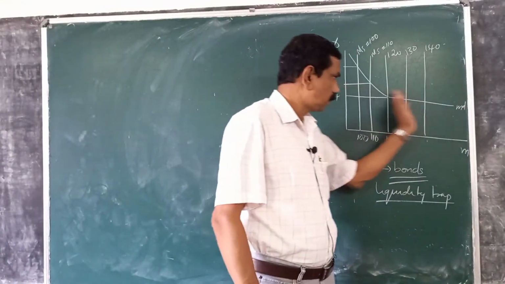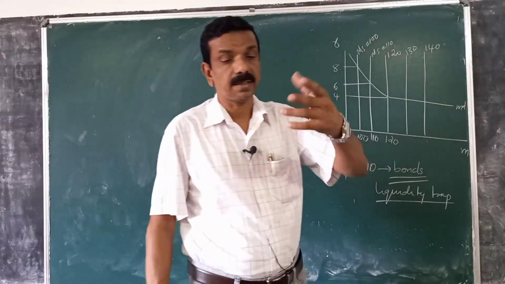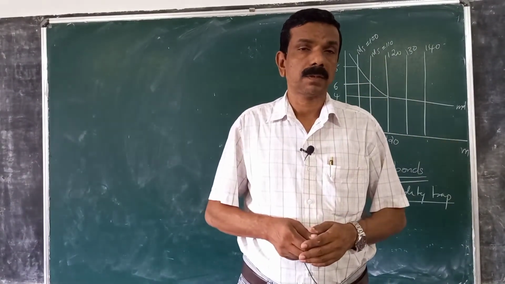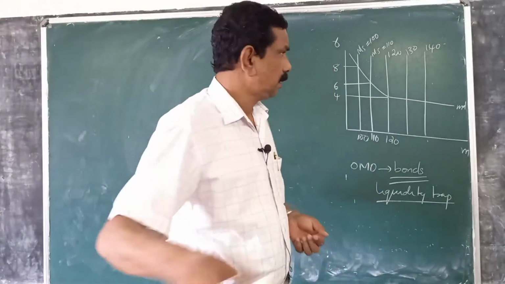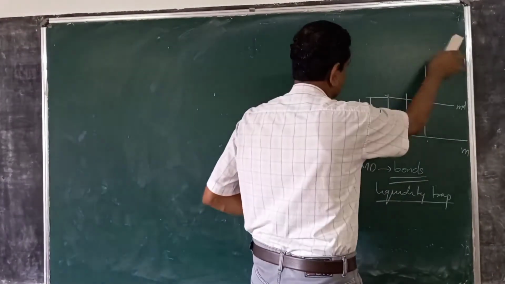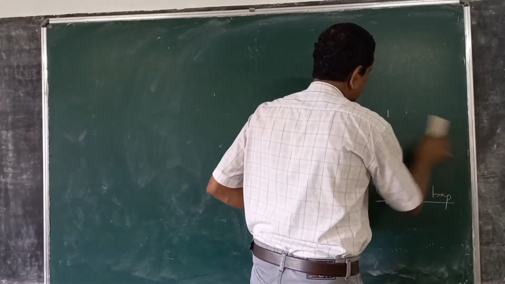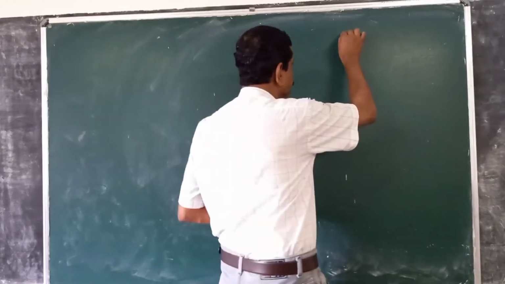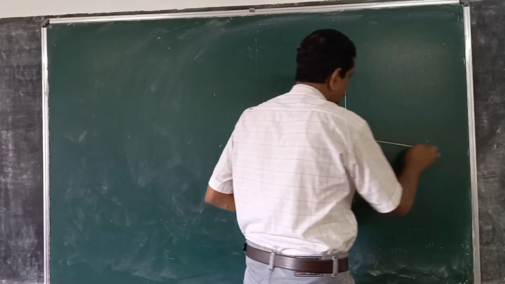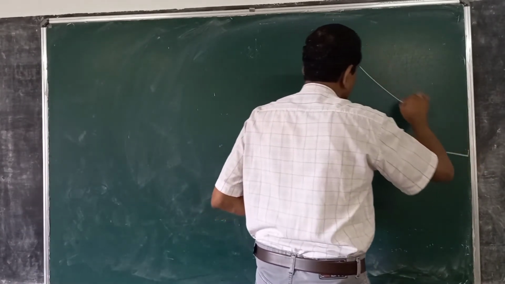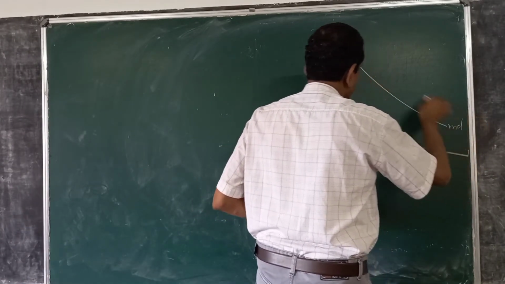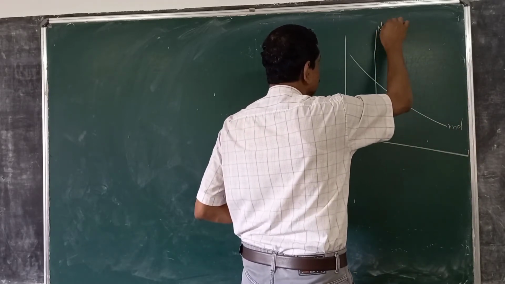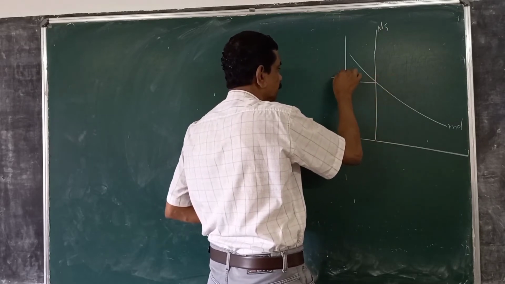So this is one effect, the result of a change in the supply of money. Now we consider one more, that is, a change in the level of income. Remember this, in our earlier graph, this is money demand, this was money supply, and this is the equilibrium rate of interest.